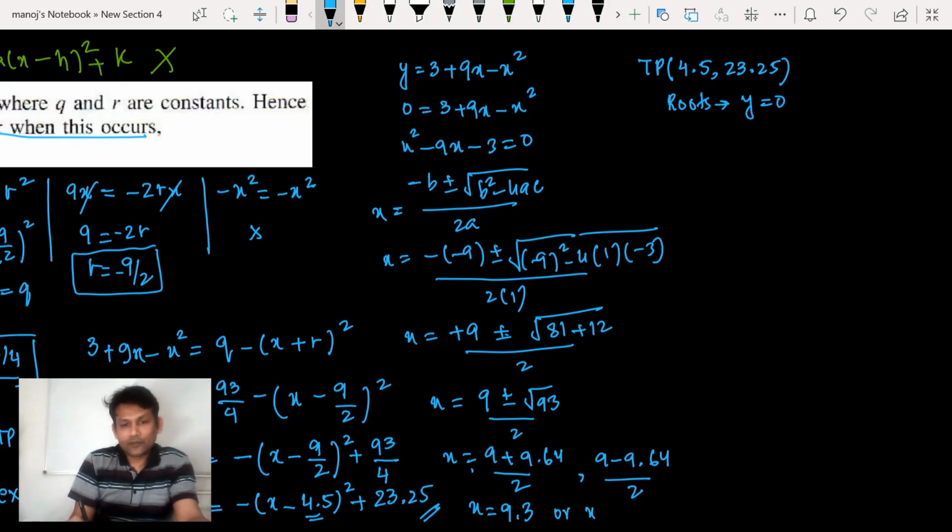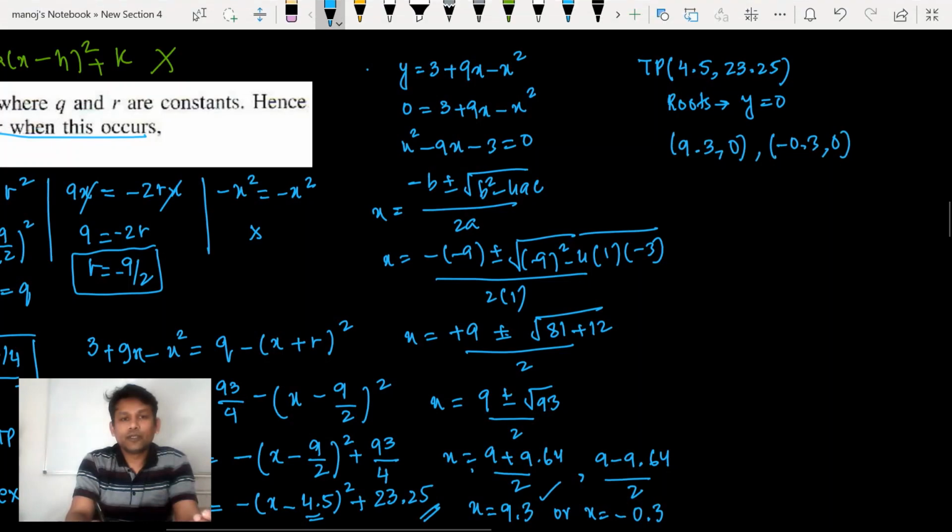or x is equal to 9 minus 9.64 divided by 2, which is coming minus 0.321, so I'm writing only 0.3. So the coordinates of these 2 points are: x is 9.3 comma 0 and the second is minus 0.3 comma 0.